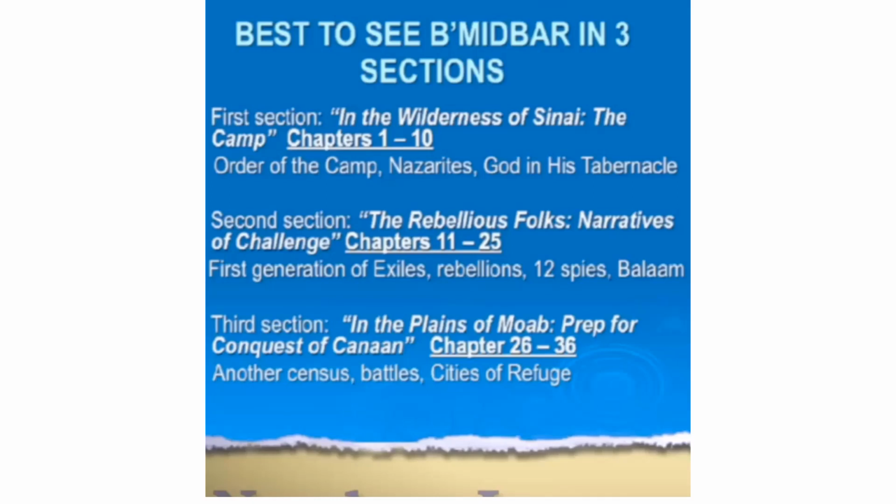The third section is chapters 26 through 36, which is to the end of the book of Numbers. The first generation brought out of Egypt has now passed away from a number of different events, and the new younger generation is coming into their maturity.